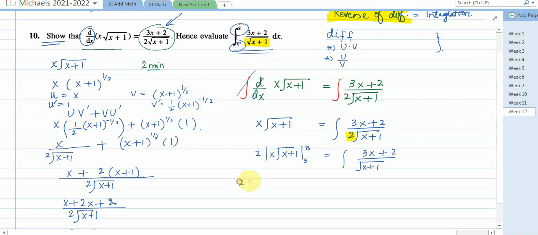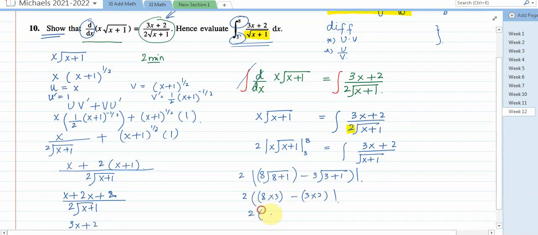Now we know very well how to solve limits. The working principle is we need to assign the upper limit, and that is 8. So it's 8 under root (8 plus 1), upper limit minus lower limit, which is 3 under root (3 plus 1). Alright, further it will be 2. 8 plus 1 is 9, and root of 9 is 3, minus 3 plus 1 is 4, and root of 4 is 2.